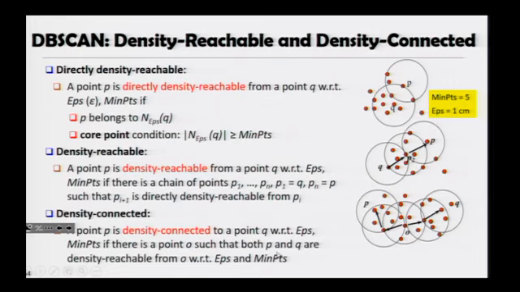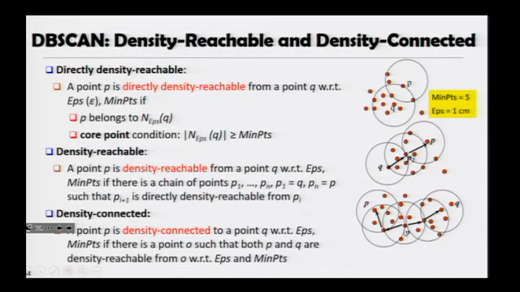There's a third concept here, which is called density connected. It basically means that a data point P is density connected to a point Q, given this epsilon and minimum points, if there is an intermediate point O such that both P and Q are density reachable from O. Using the figure on the bottom right side, you can clearly see the idea of density connected.